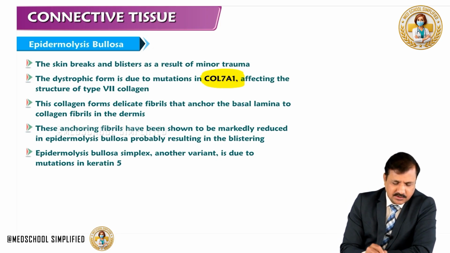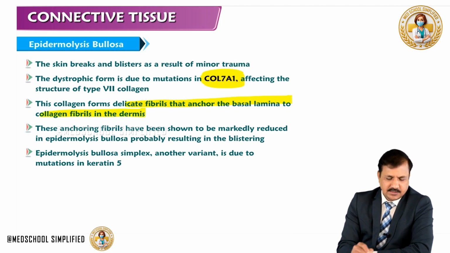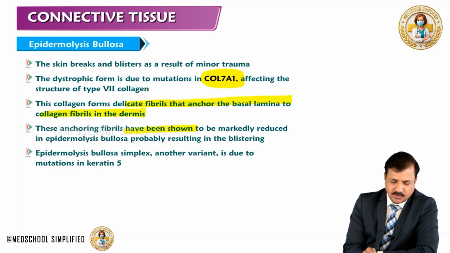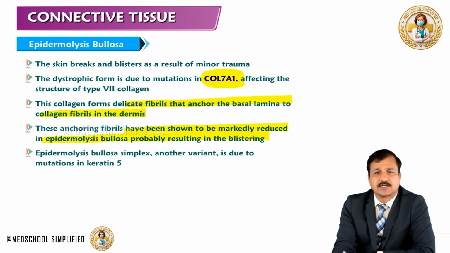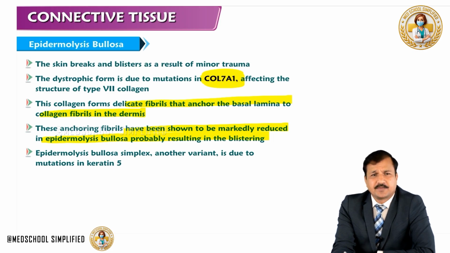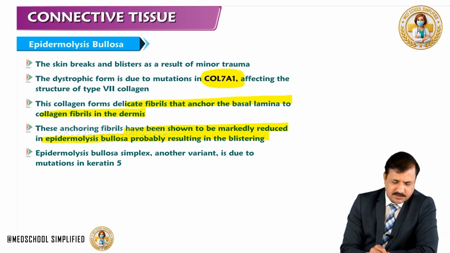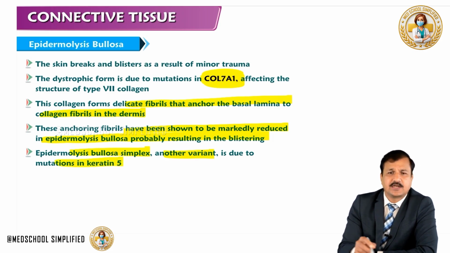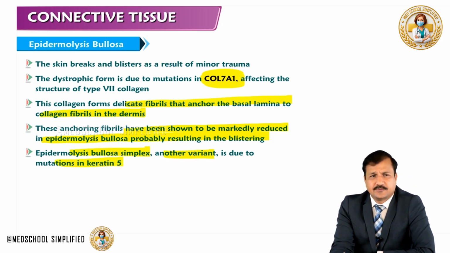This collagen forms delicate fibrils that anchor basal lamina to collagen fibrils in the dermis. These anchoring fibrils have been shown to be markedly reduced in epidermolysis bullosa, probably resulting in blistering. And epidermolysis bullosa simplex is another variant, which is due to mutation in keratin 5.